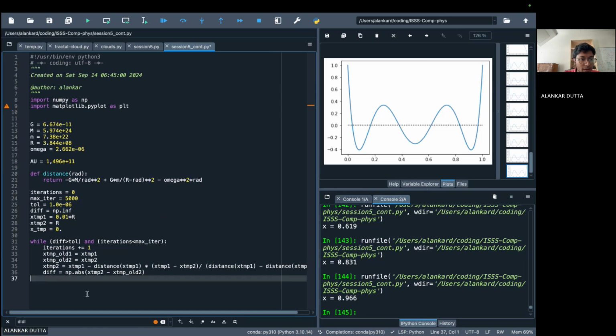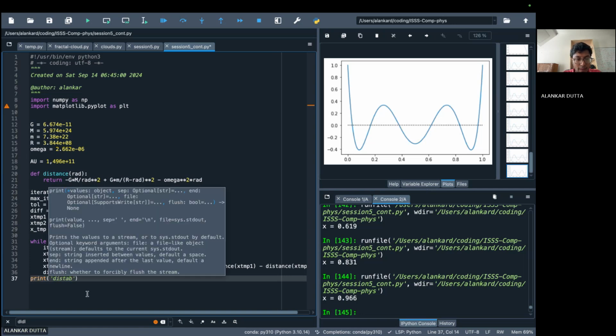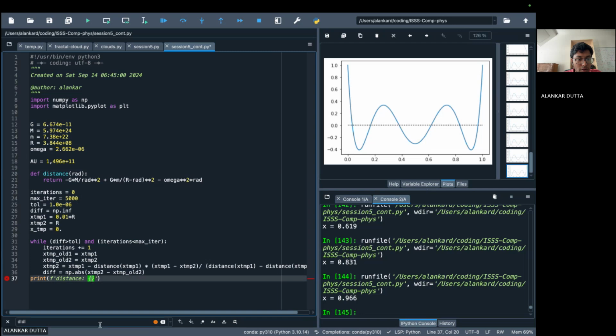And then we can print distance, an F string of xtmp, 2.4F, this by AU. So we have an astronomical unit.